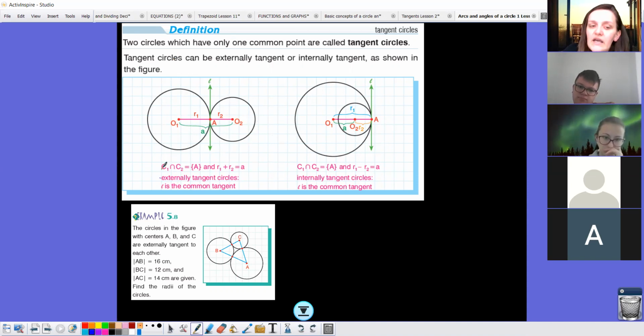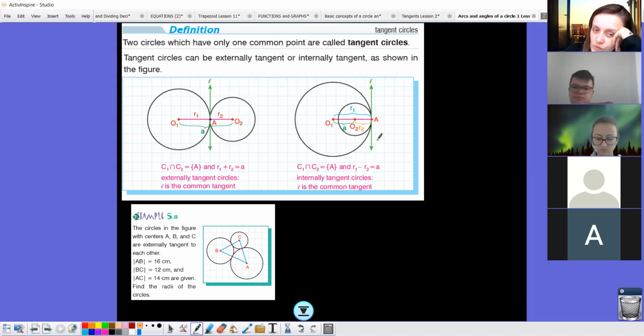C1 intersection C2 is equal to A, the point A. Their only common point is A. And radius 1, the radius of the first circle, plus radius 2, the radius of the second circle, is equal to the distance between the centers. So we call them externally tangent circles, and L is the common tangent line.